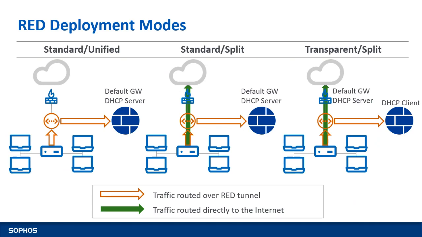What is standard unified? In standard unified, the remote network is managed by the Sophos Firewall, which serves as the DHCP server and default gateway for all clients connecting over the RED network. All traffic generated on the remote network is sent over the RED network to the Sophos Firewall.